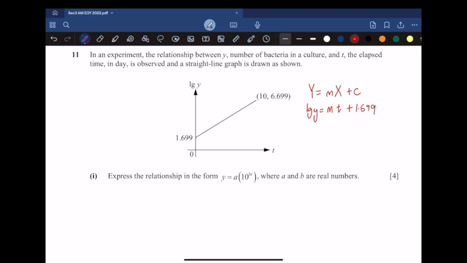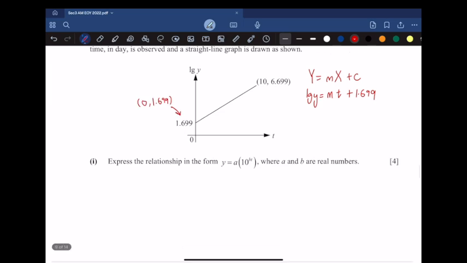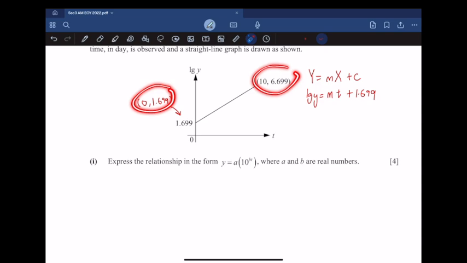So over here, you can see very clearly how to express this in this form. We can easily obtain the following equation. If I find the gradient first, given this point 1.699, we know the coordinates are simply (0, 1.699). So the gradient m can be found using y2 minus y1 of these two coordinates.